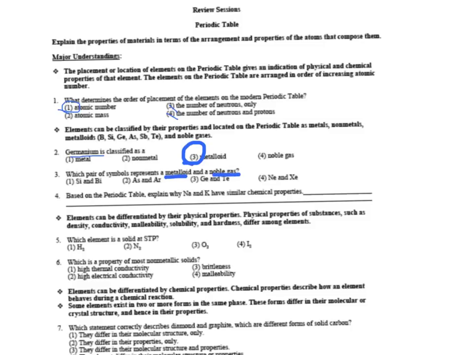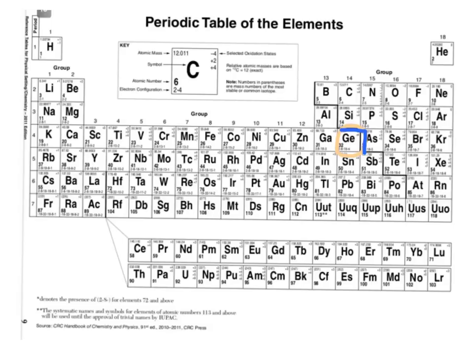Let's look back at our periodic table. So recall that metalloids are the elements that border this bolded staircase by two sides. So these are going to be our metalloids here.